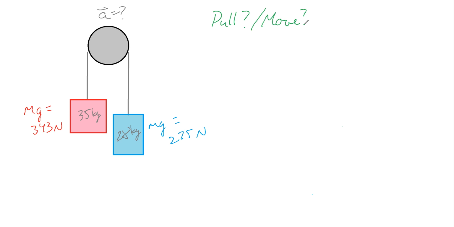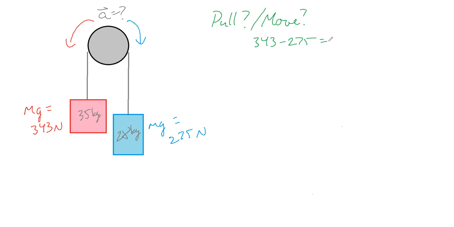They're both trying to move this thing. Now I've got that red one pulling with 343, trying to move it this way. And the blue one's pulling with 275, trying to move it this way. Well, since they're trying to pull in opposite directions, obviously I'm going to have to subtract those two. So I'm going to take that 343 and subtract the 275.